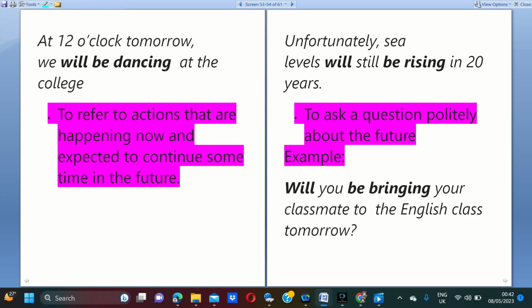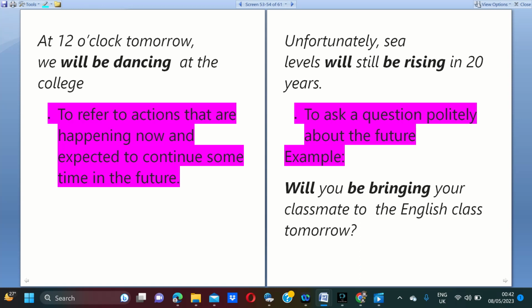Next, to refer to actions that are happening now and expected to continue sometime in the future. Sometimes the future continuous tense is used to talk about actions which are happening now and are expected to continue in the near future also. Unfortunately, sea levels will still be rising in the next 20 years. Why do sea levels rise?